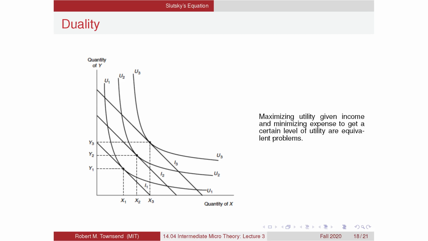You could experiment with putting in local satiation, and then you will discover that these things don't have to be the same. Maximizing utility subject to a budget and minimizing expenditure to achieve a certain level of utility will not be the same when you violate the assumption of local non-satiation.